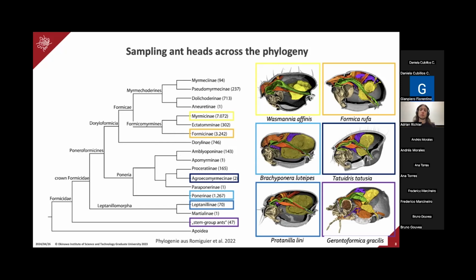With mouth part studies, for example, I try to select species with different lifestyles. So I select species across the phylogeny, covering different clades of ants, but also species with different lifestyles, like choosing a myrmecine predator species and a myrmecine herbivore species, for as many different clades as I could.